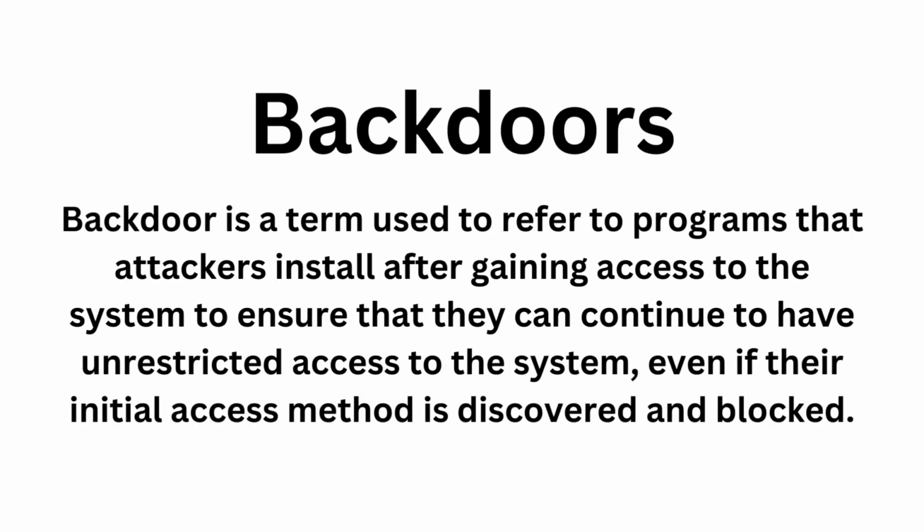Backdoors. Backdoor is a term used to refer to programs that attackers install after gaining access to the system to ensure that they can continue to have unrestricted access to the system, even if their initial access method is discovered and blocked.